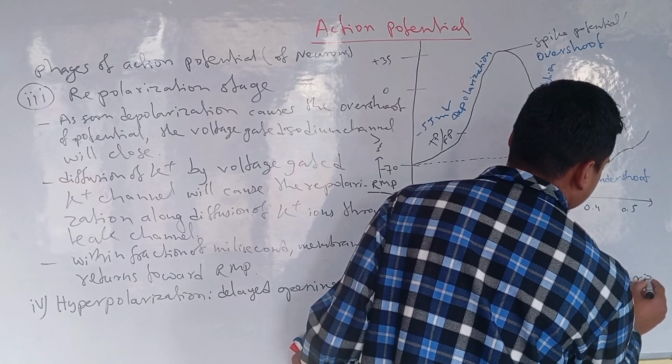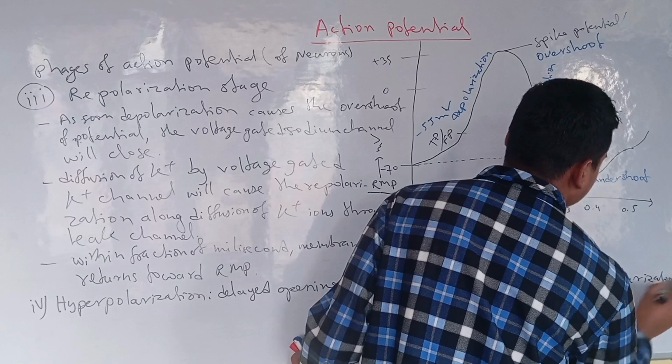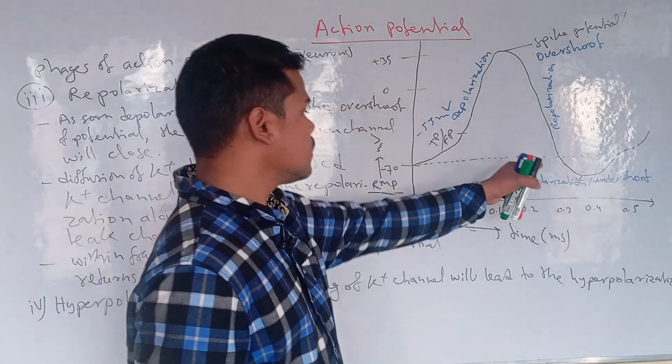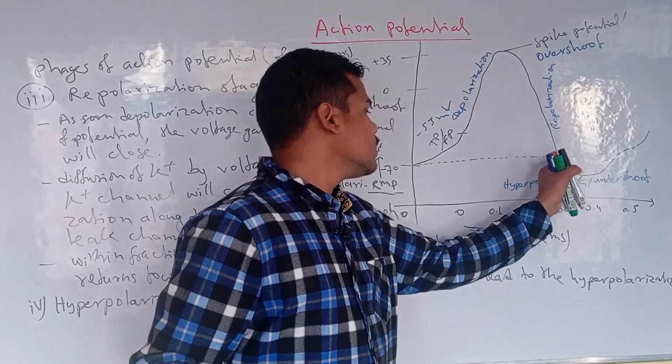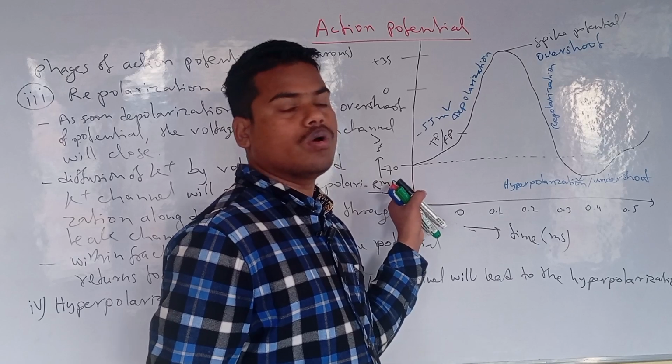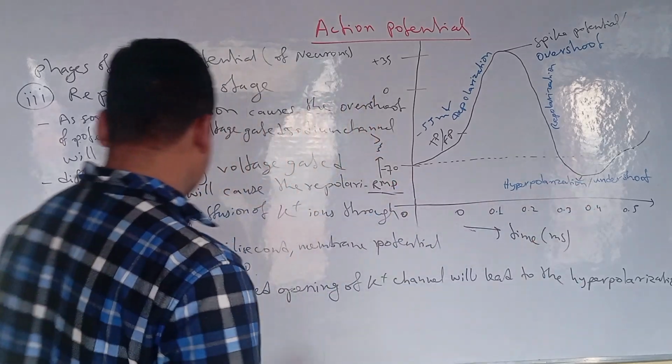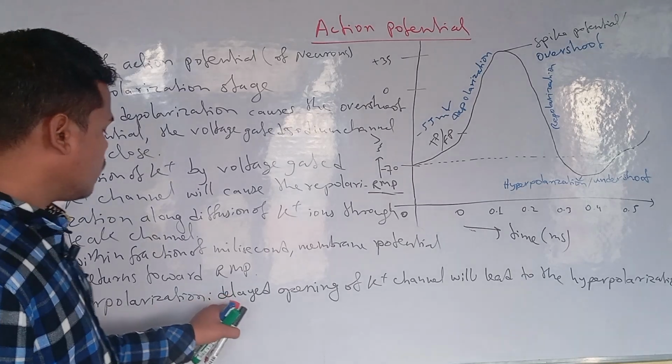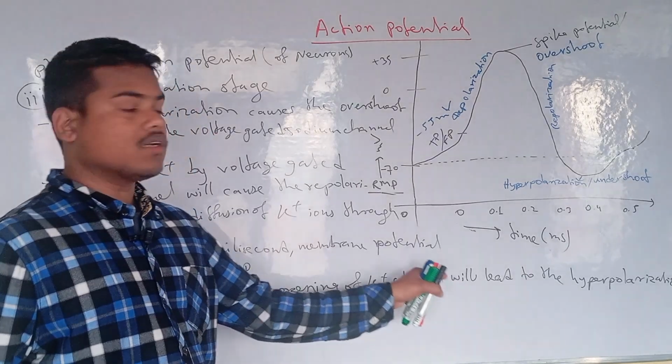That is, the potential will decrease even more than minus 70 millivolt. This will occur by the delayed opening of the potassium channel.